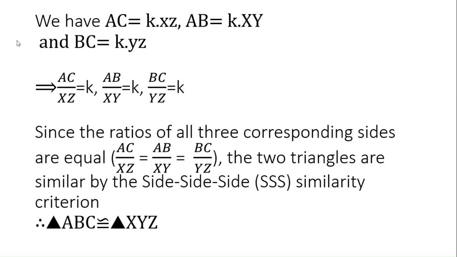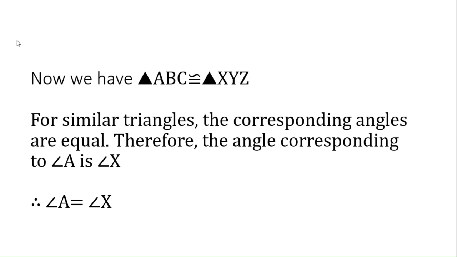The ratios of all three corresponding sides are equal, so the two triangles are similar by the side similarity criteria. Okay, so the side similarity criteria tells us that triangle ABC is similar to triangle XYZ. So as triangle ABC and triangle XYZ are similar, what can we write?